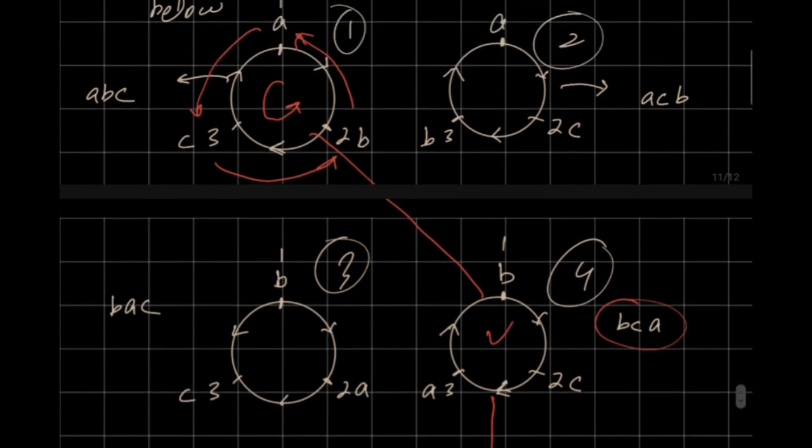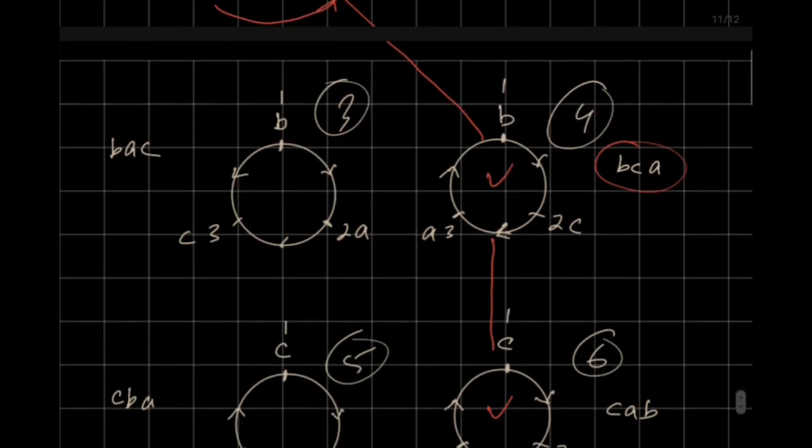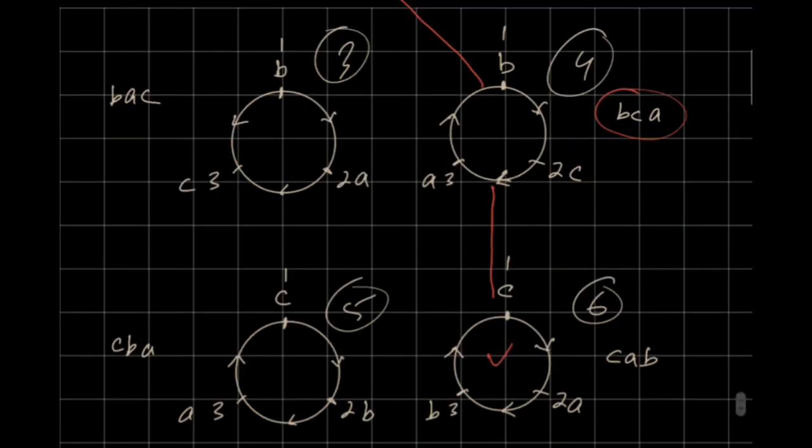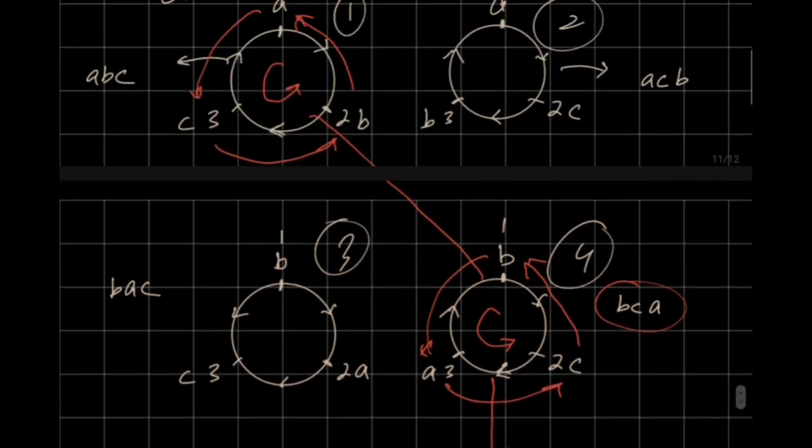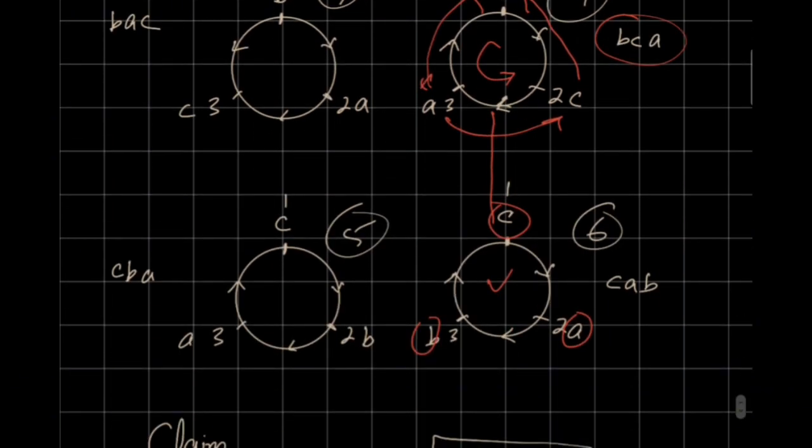You can compare. Okay. Now, how can I get 6 from 4? I can get it by rotating again anti-clockwise. If I rotate it anti-clockwise, B will move here, A will move here, and C will move here. You can see this. Okay. I have proved that all these three permutations are obtained from just rotating one permutation.